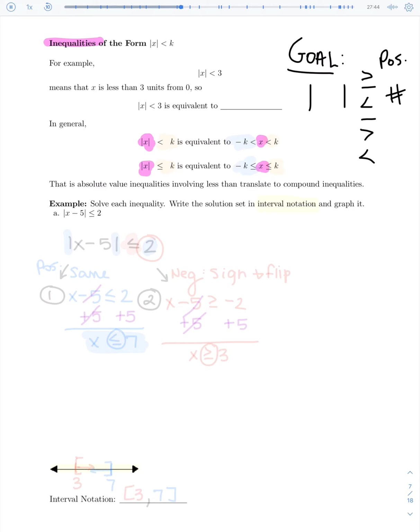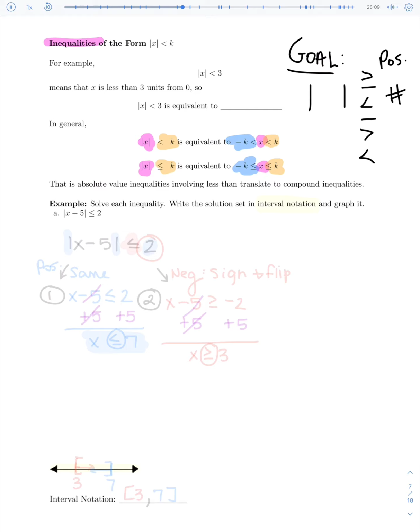We'll just have one inequality where it's your positive version and the inequality is pointing in the same direction. Nothing will really change. However, with the negative version, our inequality is going to point in the opposite direction. So we're still going to have two parts to our inequality. We're just going to break it up into two pieces.